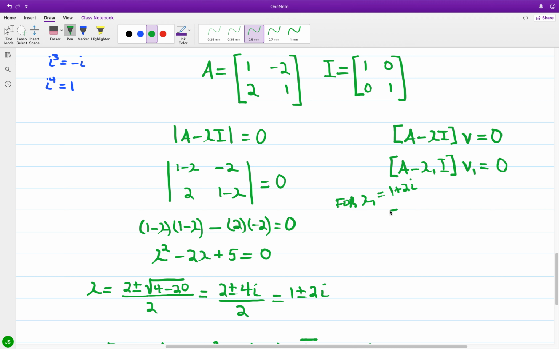So in the setup, we have 1 minus 1 plus 2i, and the ones will go out and we have the subtraction over 2i. So we have negative 2i. And we have negative 2, then 2. And for the completion of the second row, we have 1 minus the quantity of 1 plus 2i, so again we have another negative 2i.